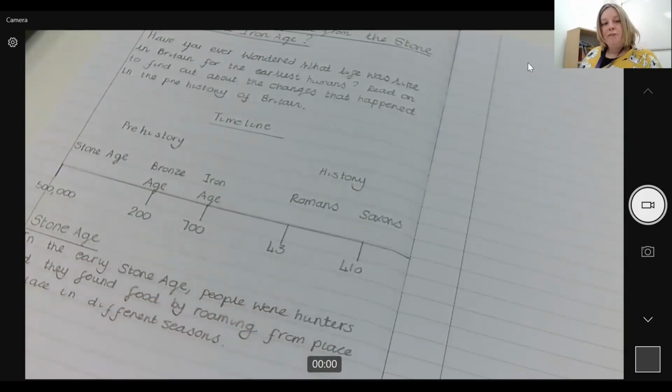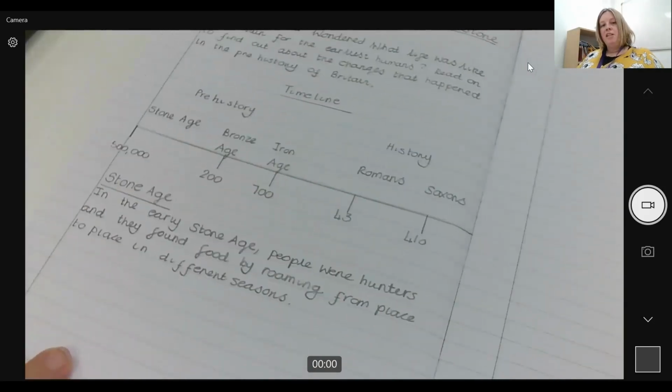I need to remember my full stop at the end of the sentence. So this is what you are aiming for in your book. Pause your video and write your paragraph about the Stone Age.